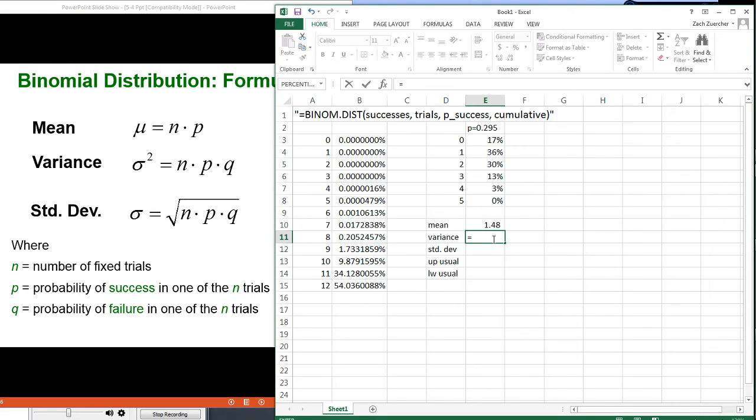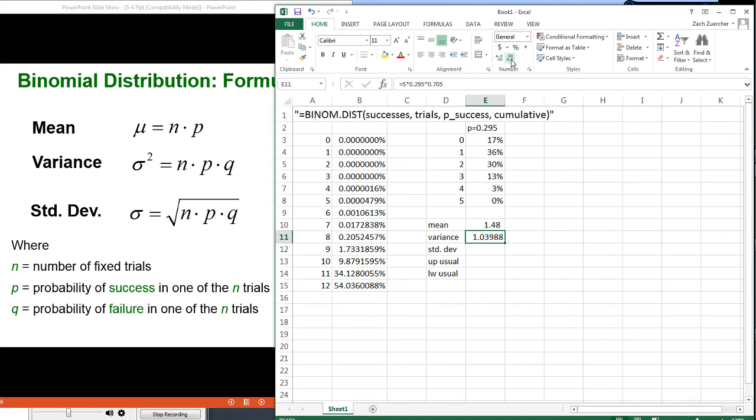The variance is equal to n, which is 5, times 0.295. And if the probability of success is 0.295, then the probability of failure is going to be 0.705. Okay, and I wonder if this is still in percents. Nope, there you go. Variance is 1.03998.